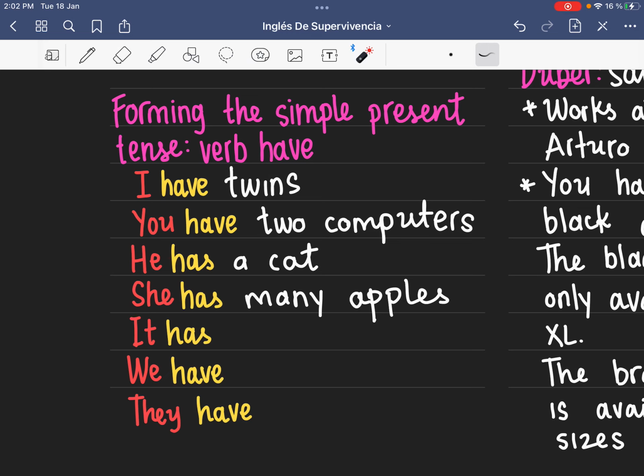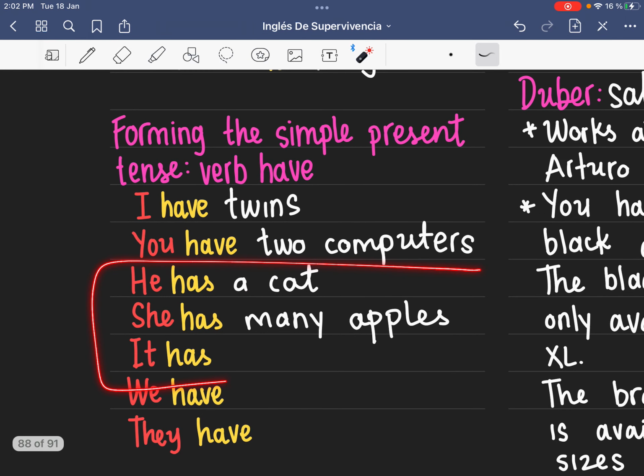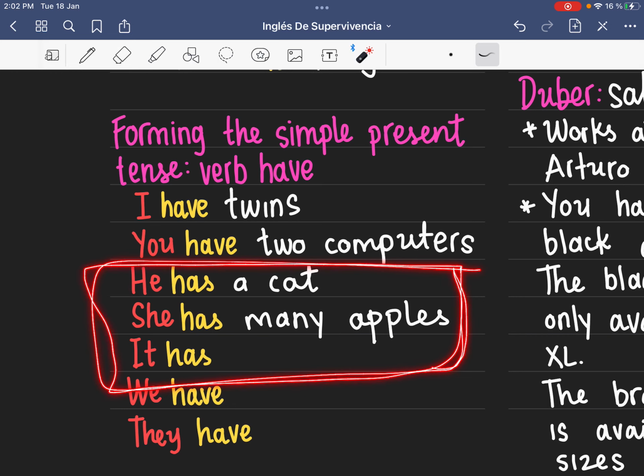However, sin embargo, easy trick, un truquito fácil. The only subjects that are different are third person singular. Entonces, el truquito fácil, realmente en conjugaciones, la única conjugación que va a ser diferente en un mismo tiempo verbal, va a ser tercera persona singular. Entonces, sabemos que siempre vamos a tener dos conjugaciones para un mismo tiempo verbal.